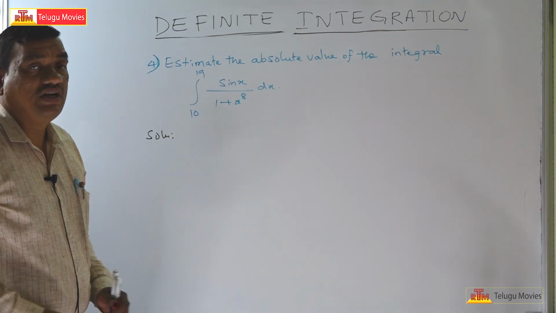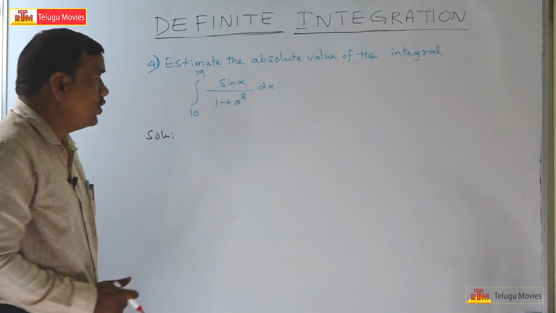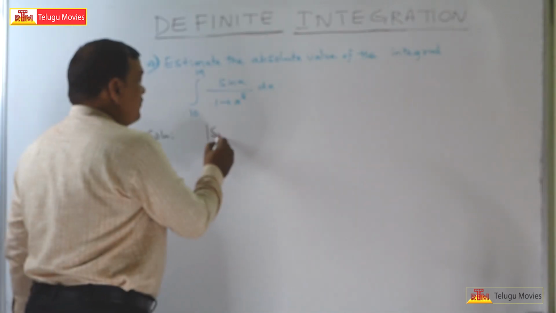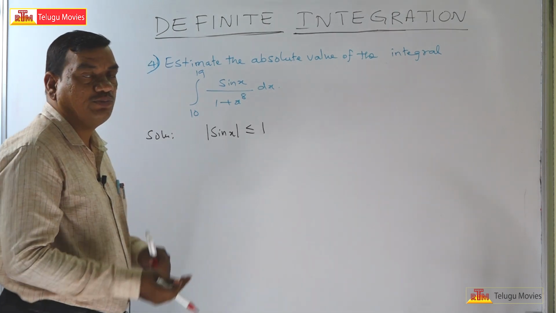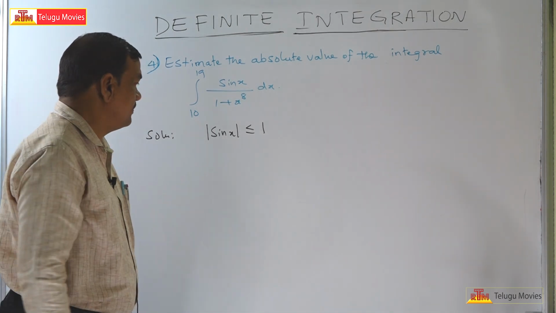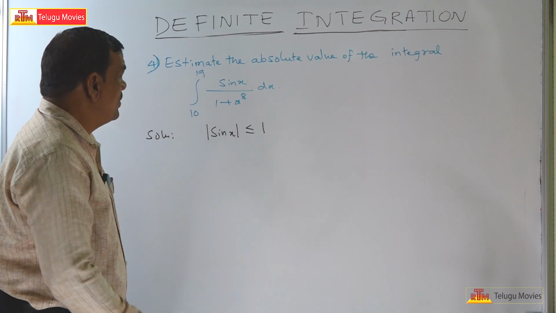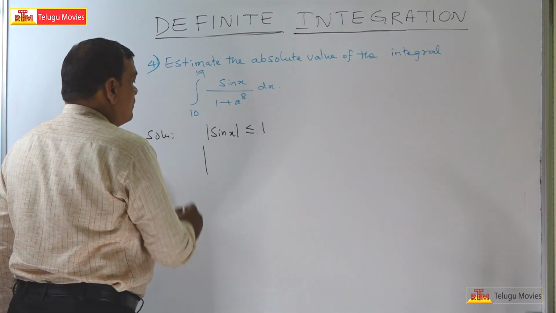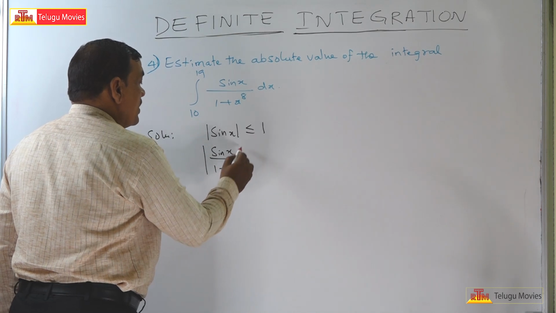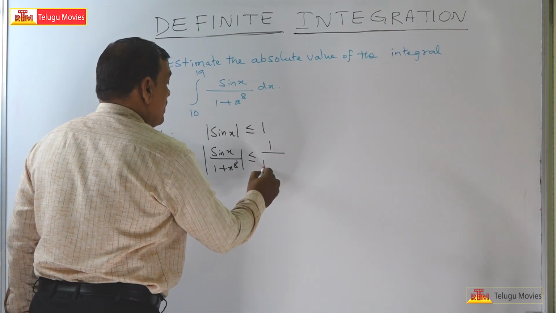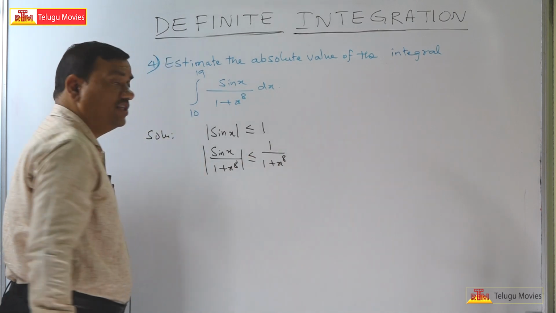The first thing, whenever sin x comes, we know that modulus of sin x is less than or equal to 1. That means sin x lies between -1 and +1. Next, modulus of sin x by 1 plus x power 8 is less than or equal to 1 by 1 plus x power 8. Nothing wrong in it. Why?